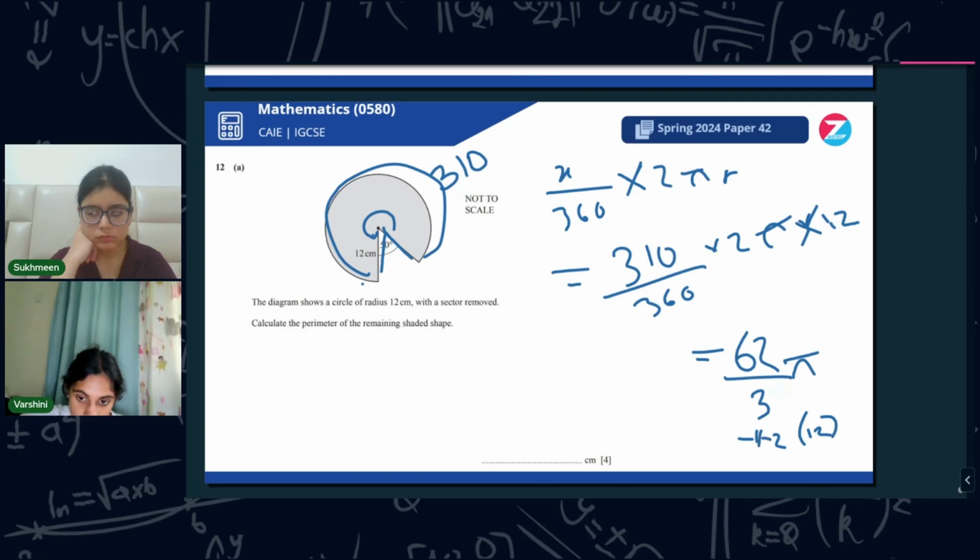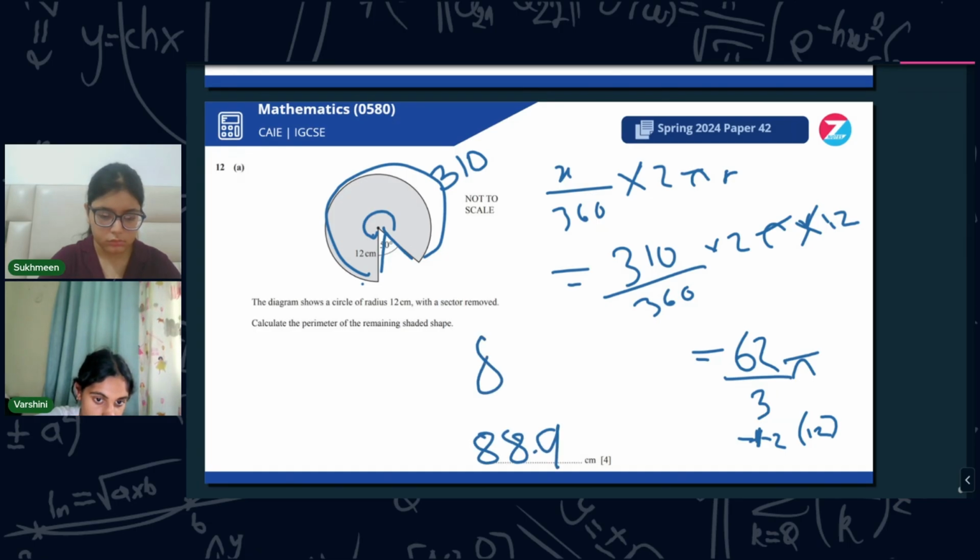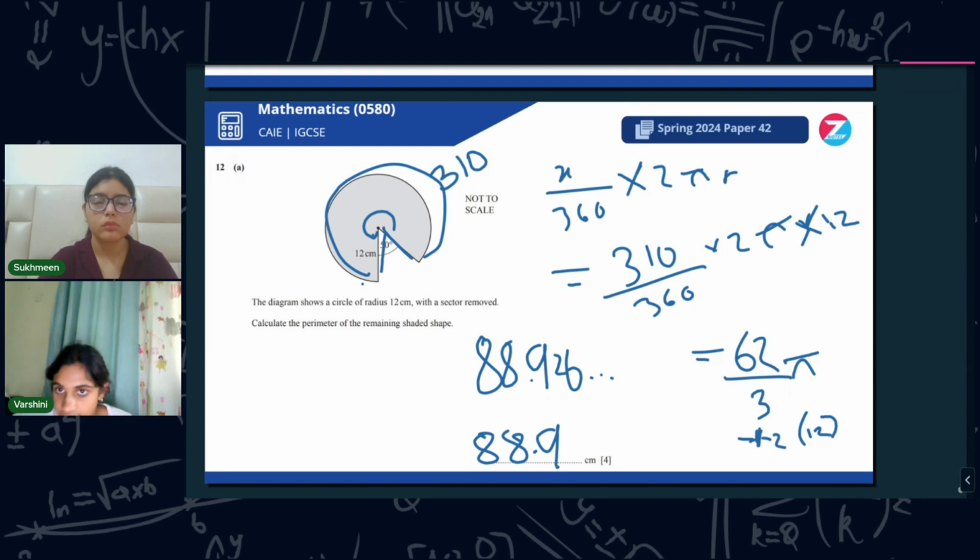Just add 2 into 12, which is 24, into the number in your calculator, and you should get 88.926. To round it off to three significant figures, you should get 88.9.